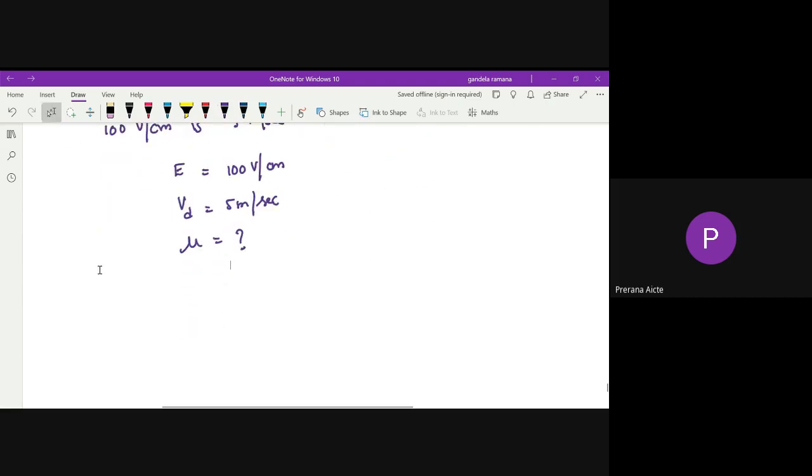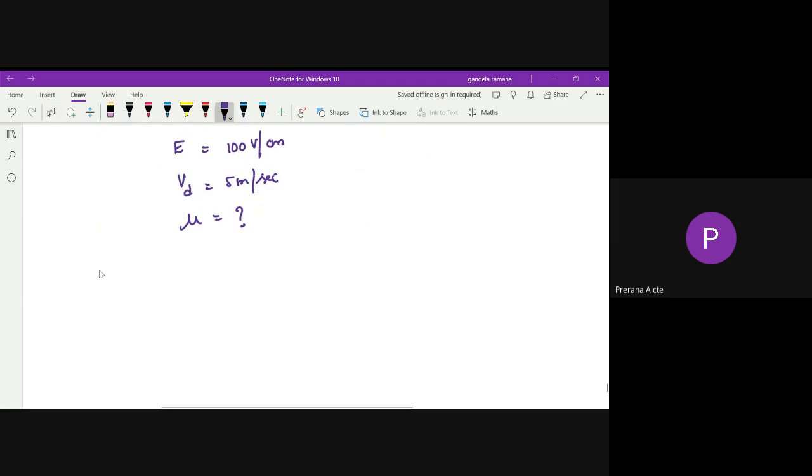What is the relationship between drift velocity and mobility? Vd is equal to mu E. We want to find the mobility, so mu is equal to Vd upon E, which is 5 meter per second upon 100 volt per centimeter.